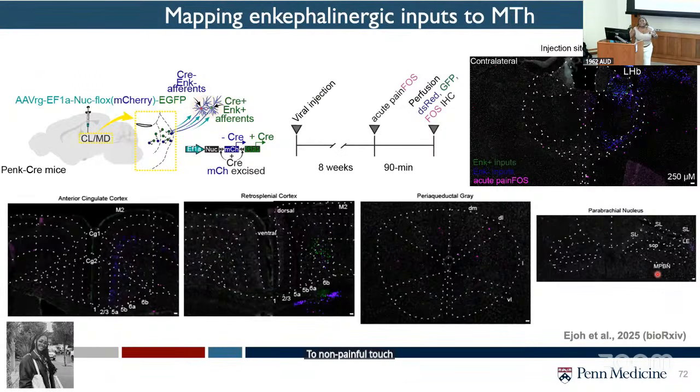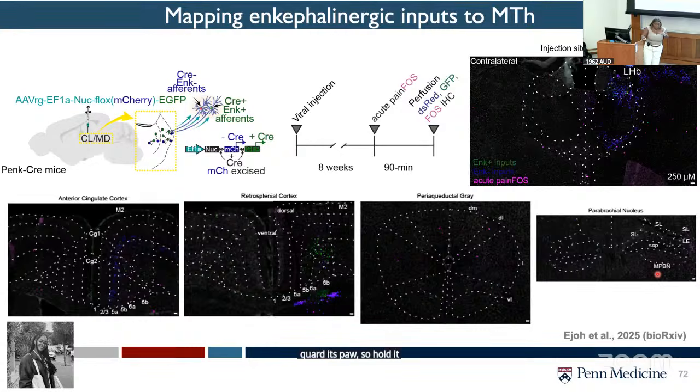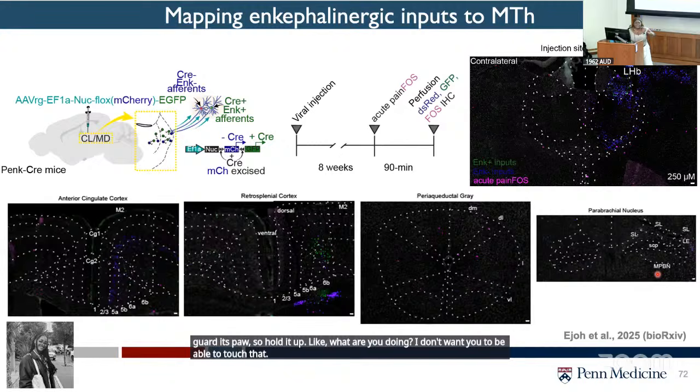How do we measure their exact pain? Imagine you put hot water on a mouse's paw. It can engage in reflexive, withdrawal behaviors. It will pull its paw back. It will do things like guard its paw, so hold it up, as if to say, I don't want you to touch that. By the way, this hot water is not something that can permanently damage the mouse.